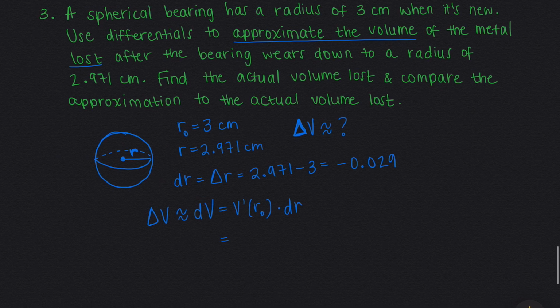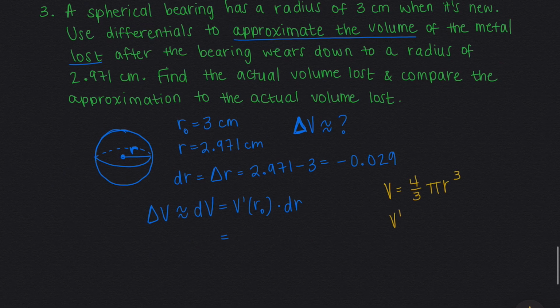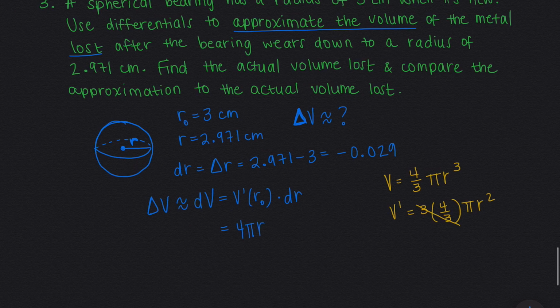Now we have to remember that the volume of a sphere is 4 over 3 pi r cubed, meaning the derivative, or v prime, would be 3 times 4 over 3 pi r squared, where the 3's will cancel. So going back to our equation over here, we have 4 pi r naught squared times dr, which gives us 4 pi times 3 squared times negative 0.029, which once we put that in the calculator gives us negative 3.280 if we round it to the nearest thousandths.